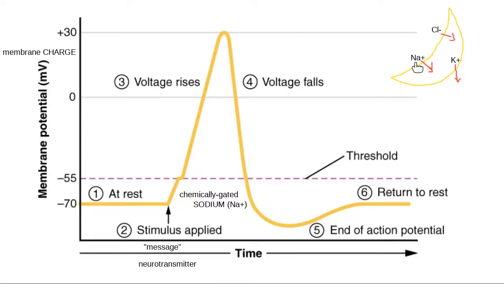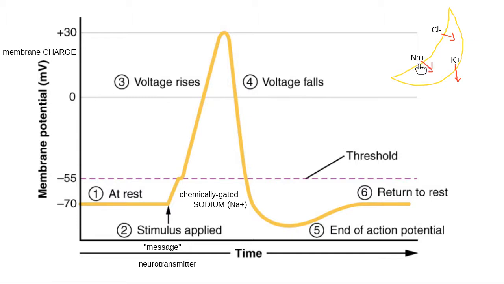Hey, look, sodium has a positive charge. If something has a positive charge, I have a special name for that kind of ion. What's the special name for an ion with a positive charge? Does anyone remember what those ones are called? Exactly. Those are called cations.